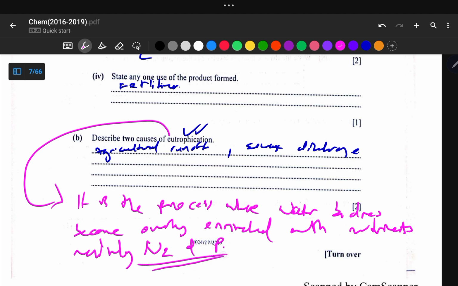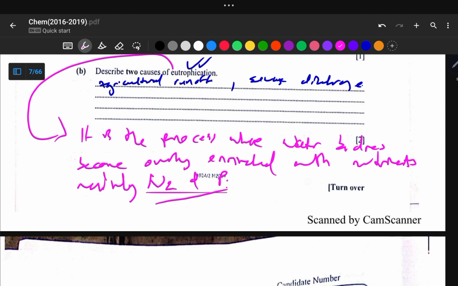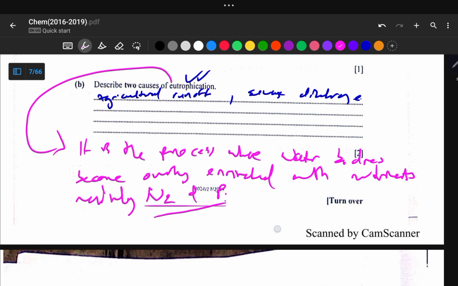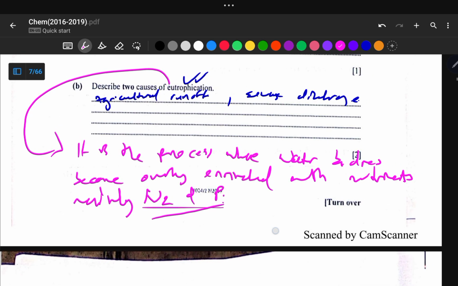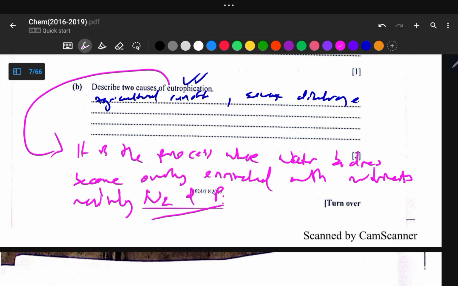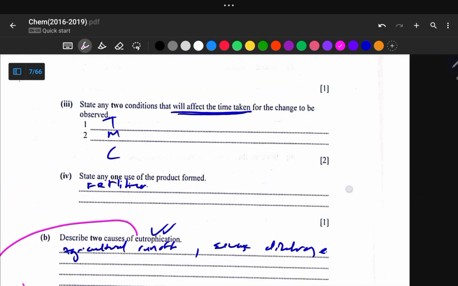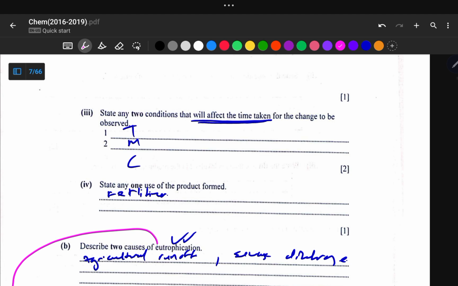So you should write in words, not in chemical symbols, right? And then for the whole process, let me write it over here. First we've got excess nutrients from the sewage, the fertilizers, right, and etc.